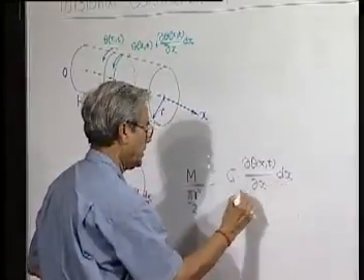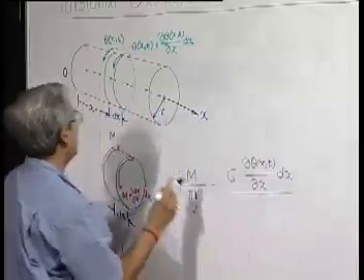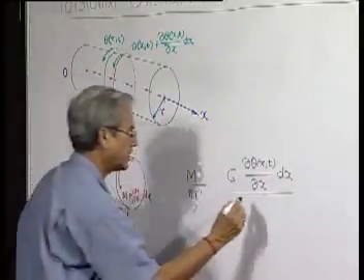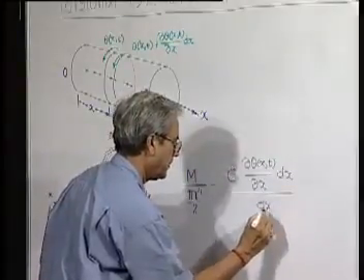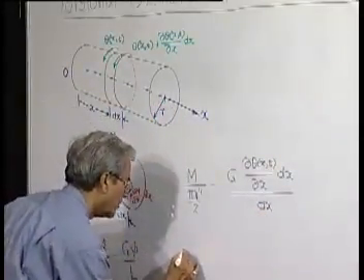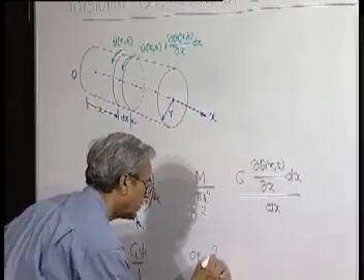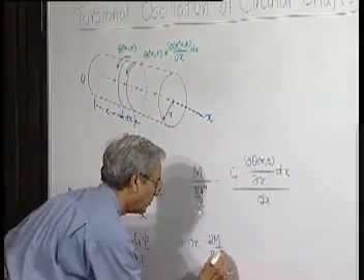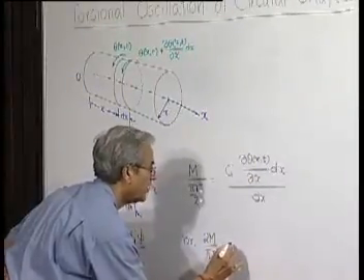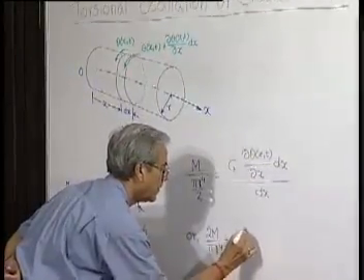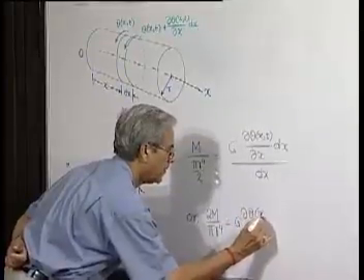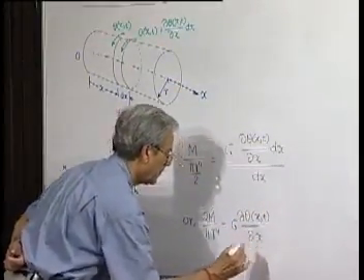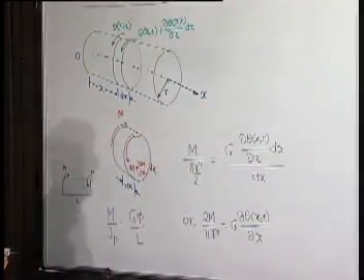This is the amount of twist and the length of the element of shaft here is nothing but dx, or we get 2m by pi r to the power 4 equal to G times the twist by dx.